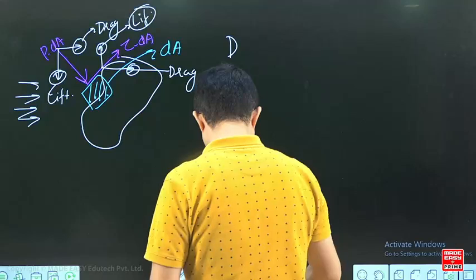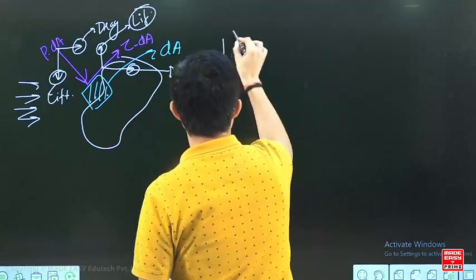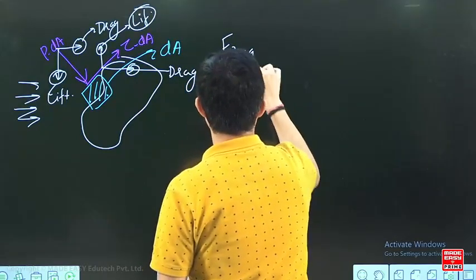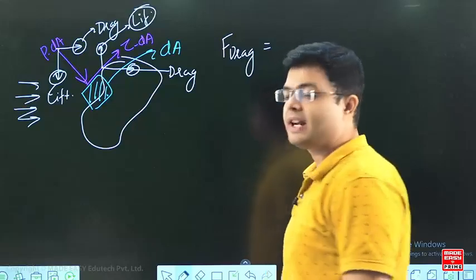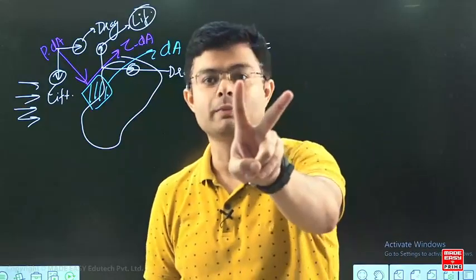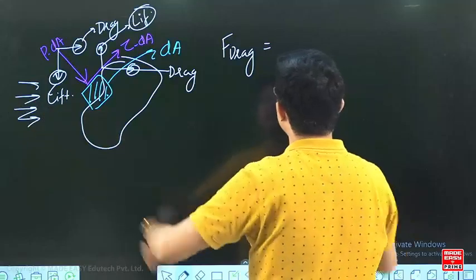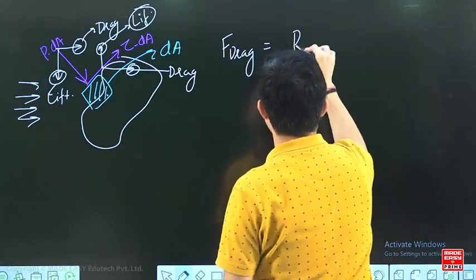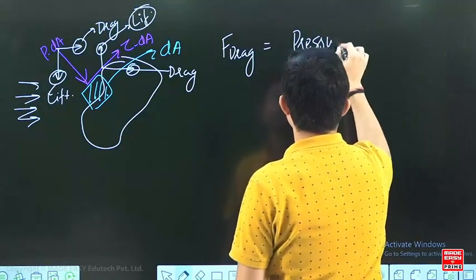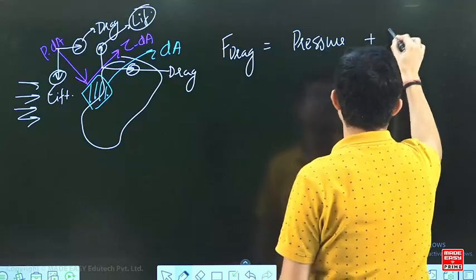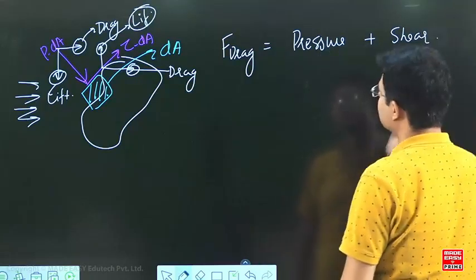If you talk about drag force, the drag force can be created by 2 methods. What are those 2 methods? Drag force can be created due to pressure, and drag force can be created due to shear.